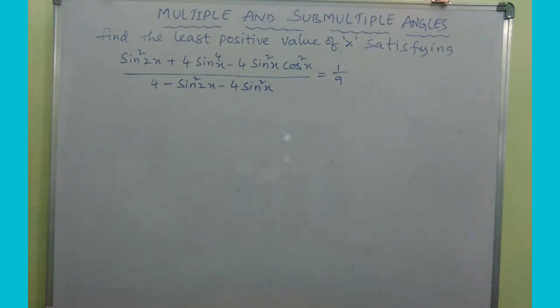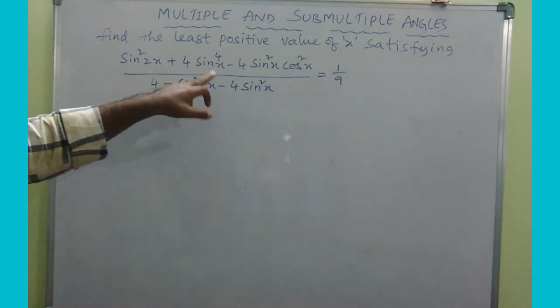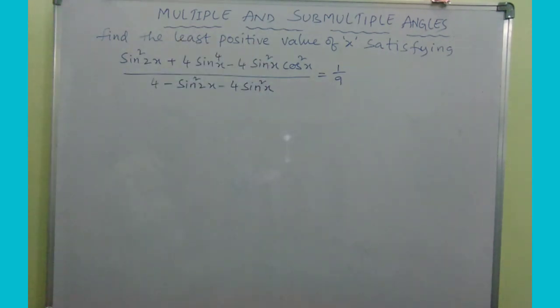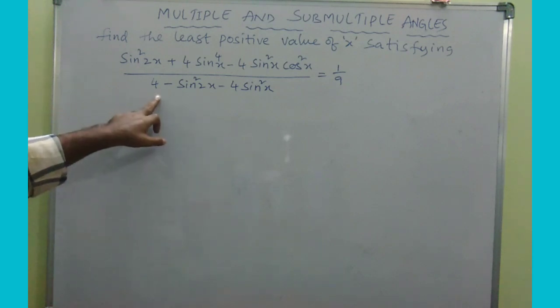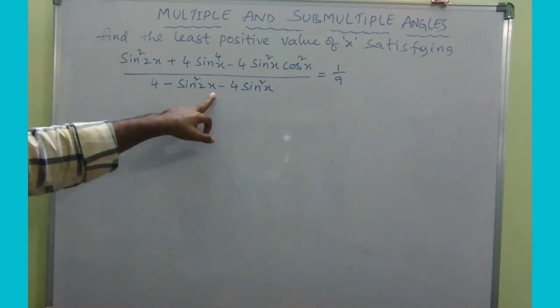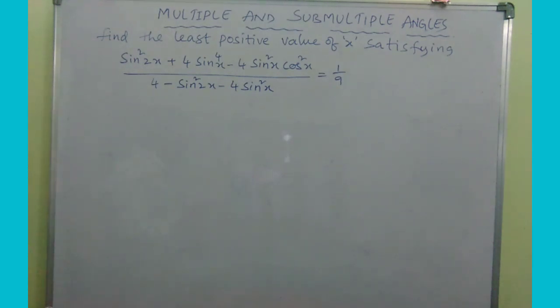Find the least positive value of x satisfying the condition that sin square 2x plus 4 sin power 4x minus 4 sin square x cos square x, whole divided by 4 minus sin square 2x minus 4 sin square x, is equal to 1 by 9.